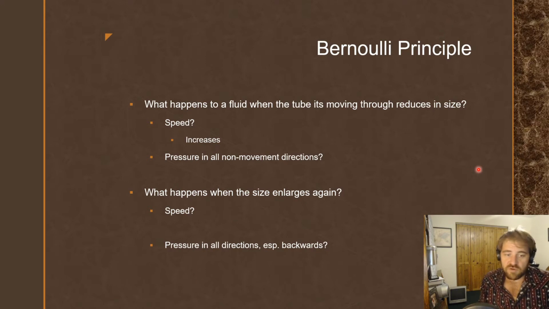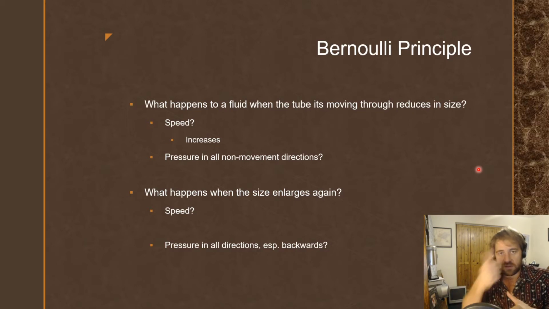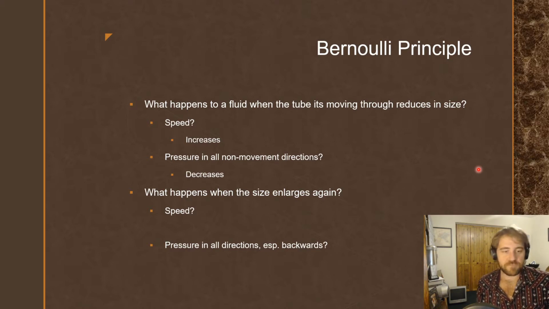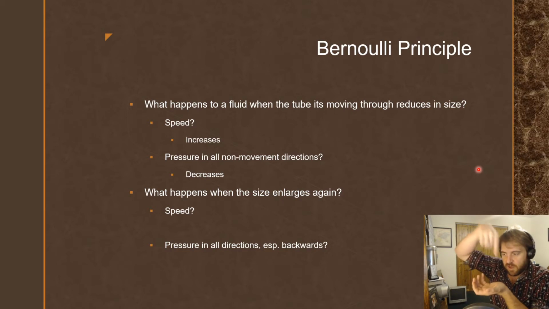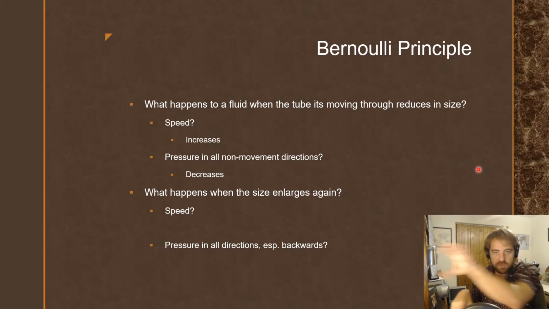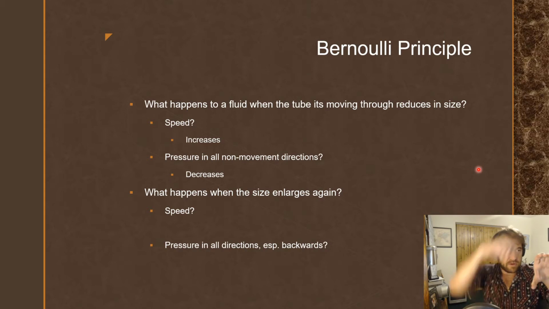What happens to the pressure in all non-movement directions? So in every direction that fluid is not moving, does it decrease or increase? It decreases. Okay, cool. So one of the things that can happen here is if you have a little straw in each of the places, so you have a tube going along, and here where it's large, you have a straw, and you can see there's a level of water or whatever.